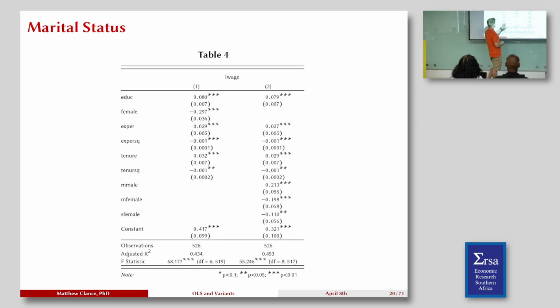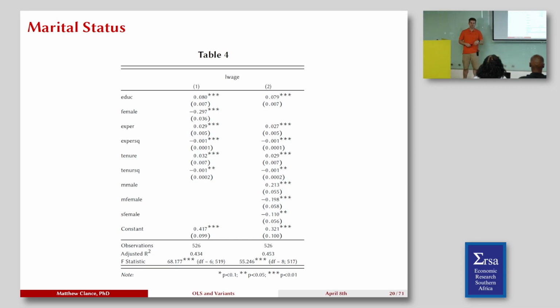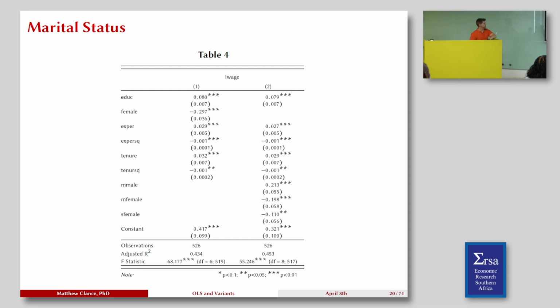What we see is that married males earn a little over 21% more than single males. Married females earn about 20% less than single males. And this data is from the 70s, so keep that in mind. And then single females earn about 11% less than single males.